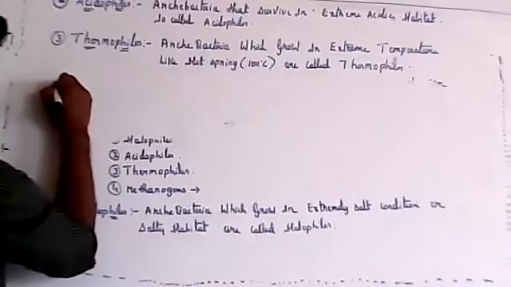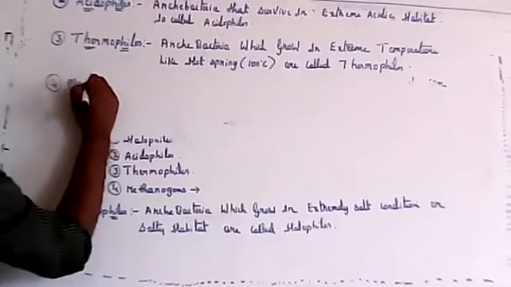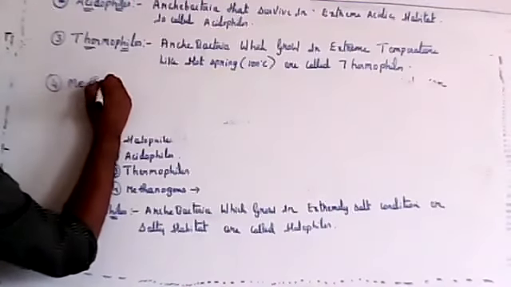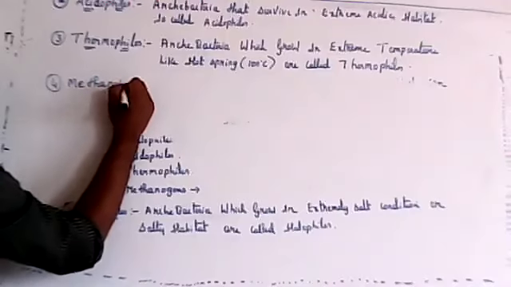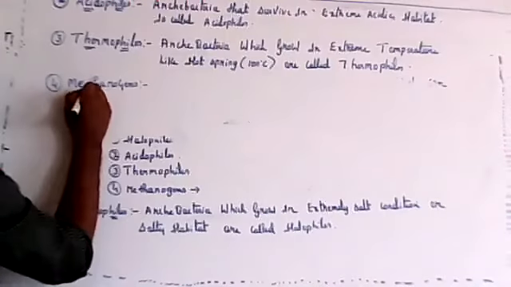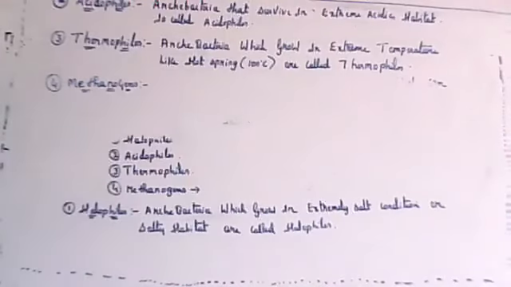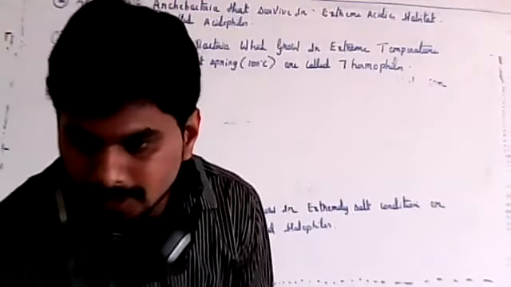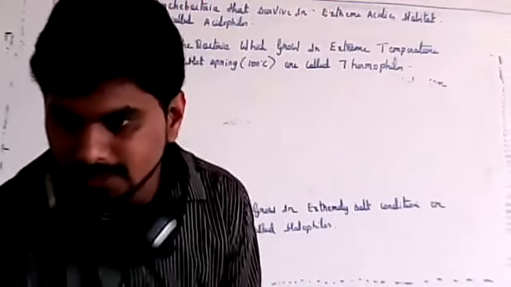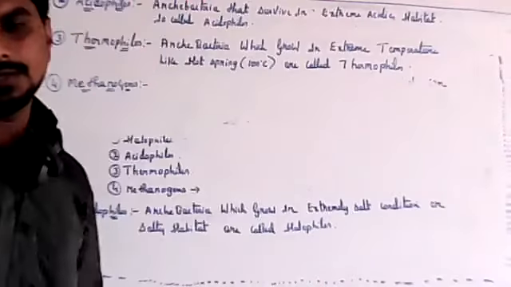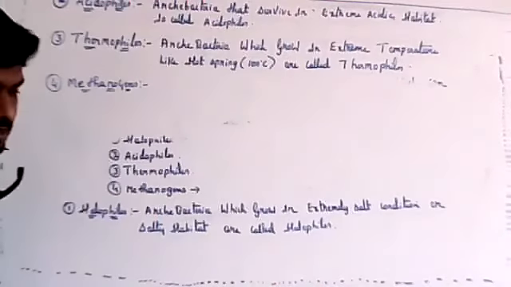The fourth and last one is methanogens. These are found in the rumen of cattle like cows and buffaloes. Rumen is present in the next part of the stomach.